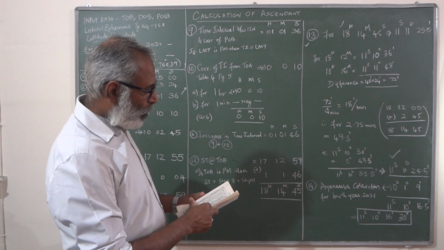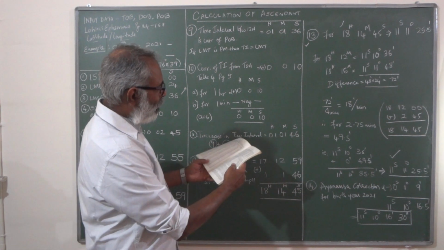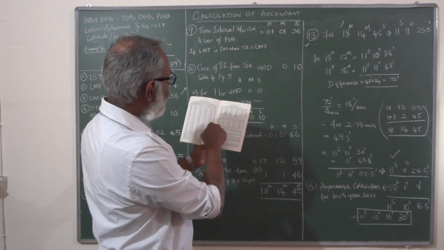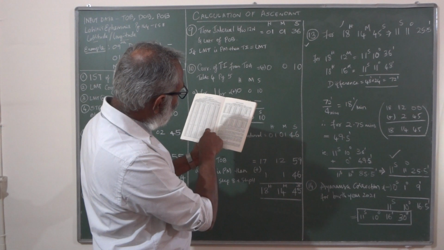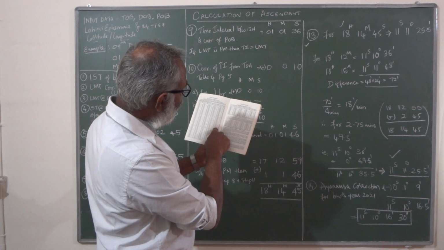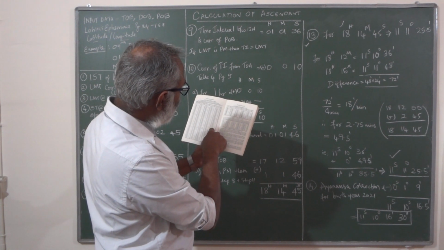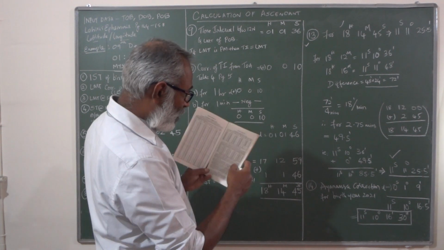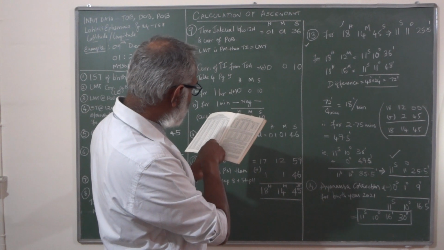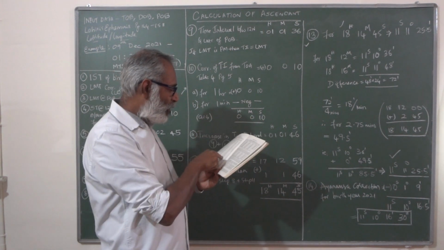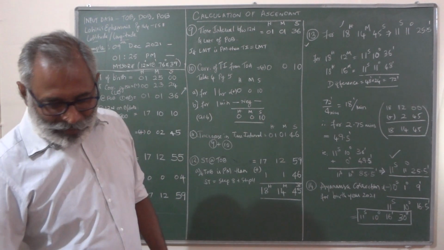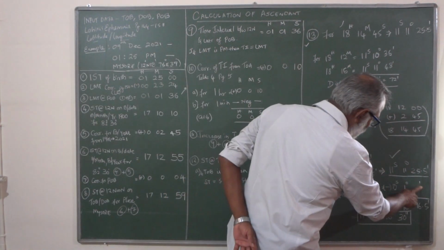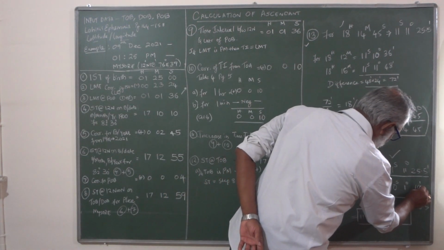Go to page number 6. There you will get the list of years, and in that for 2021 you get it as 1 degree and 10 minutes. I don't know how I took 9 minutes. Maybe I just skewed it. But it's 10 minutes. So 1 degree and 10 minutes.